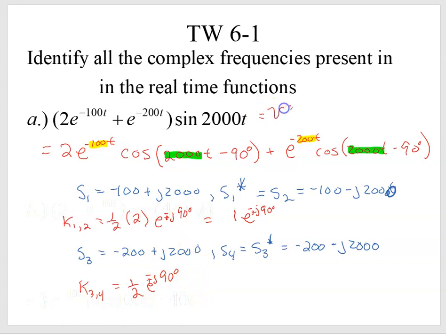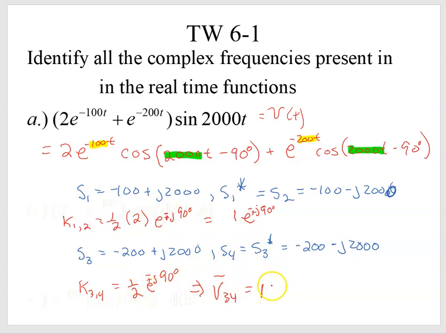If this happened to be a voltage, let's say that's v(t), our voltage phasor V34 would equal, let's see, our voltage phasor is still going to be 1.